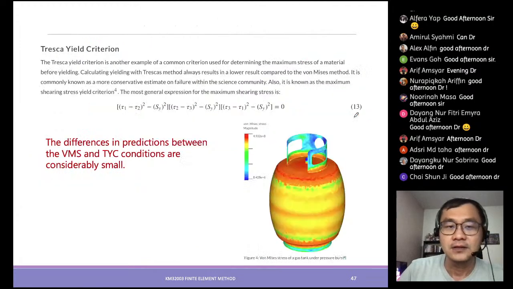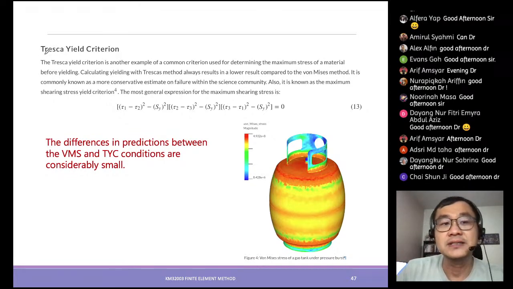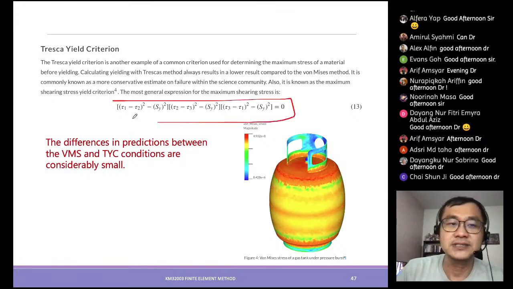Then for another type of criterion, you may also find that in the finite element software, they can also calculate the Tresca yield criterion for you. Tresca stress, Tresca yield criterion.